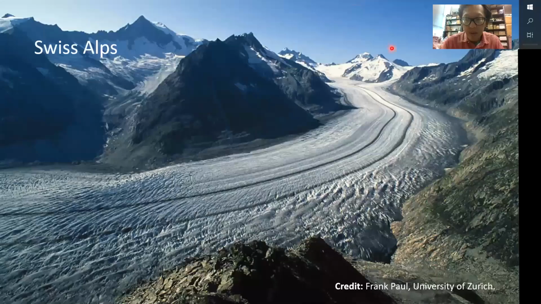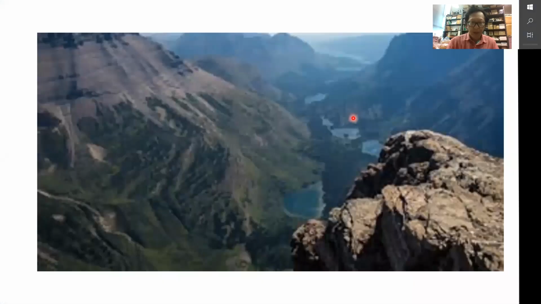Okay, so we still see these in the Swiss Alps because there's a lot more moisture there, and so there's still much more building of these glaciers. But even those right now are shrinking.